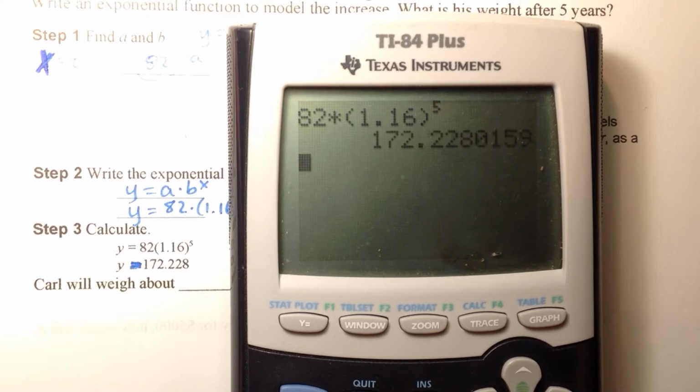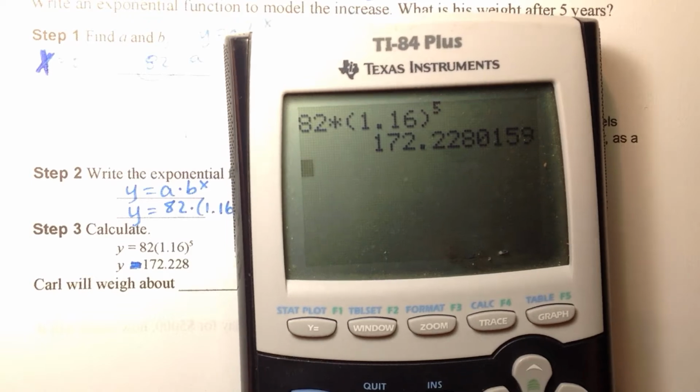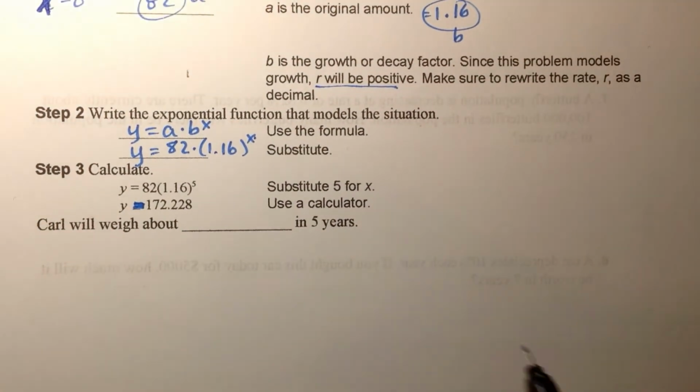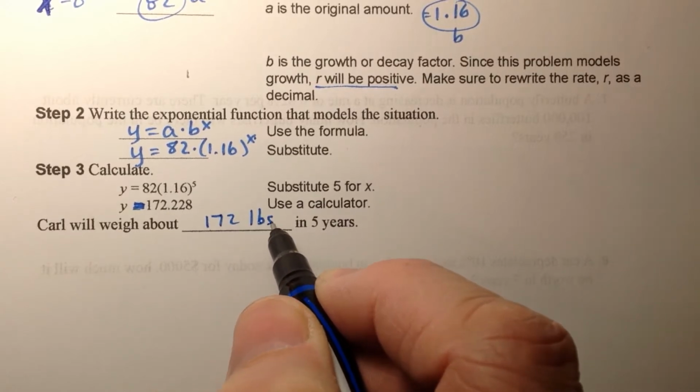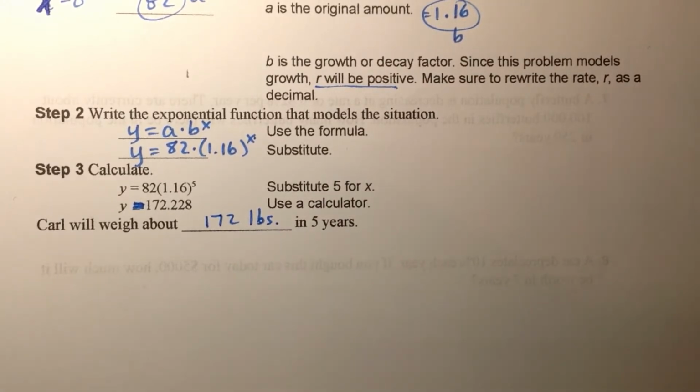When we raise that to the 5th power, we get 172.228, which is what we see here on our paper. That means his weight will be about 172 pounds in 5 years. So when he reaches the age of 17, he is predicted to weigh about 172 pounds.